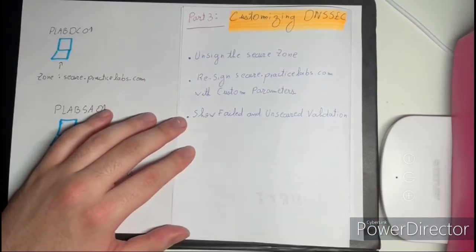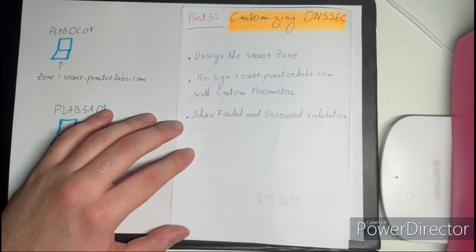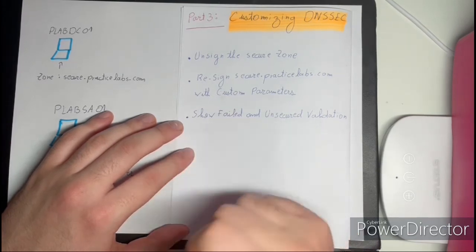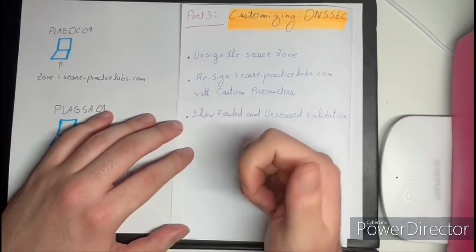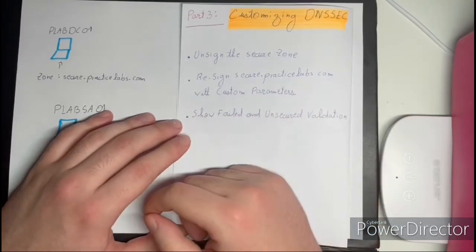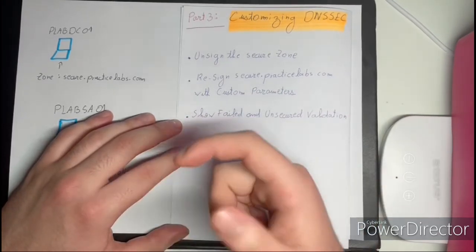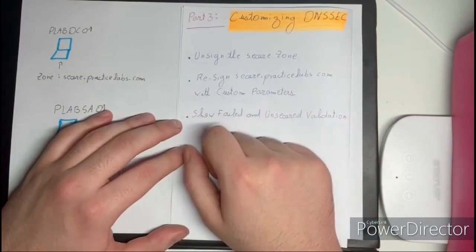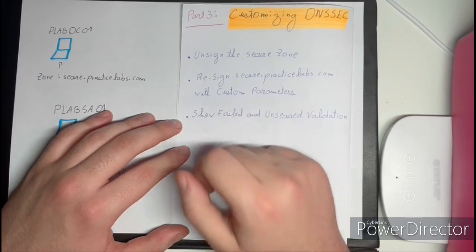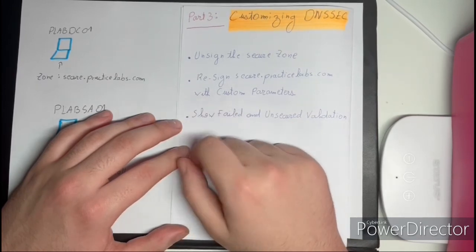Basically, in this part we will be customizing DNSSEC. As Alex explained to me, the DNSSEC wizard provides a set of default settings for signing a zone, and in a similar way we can sign a zone using customized settings by using the DNSSEC feature of DNS Manager, which really comes in handy.